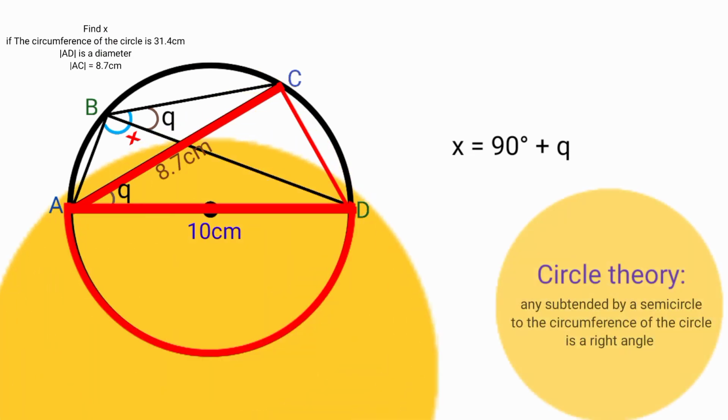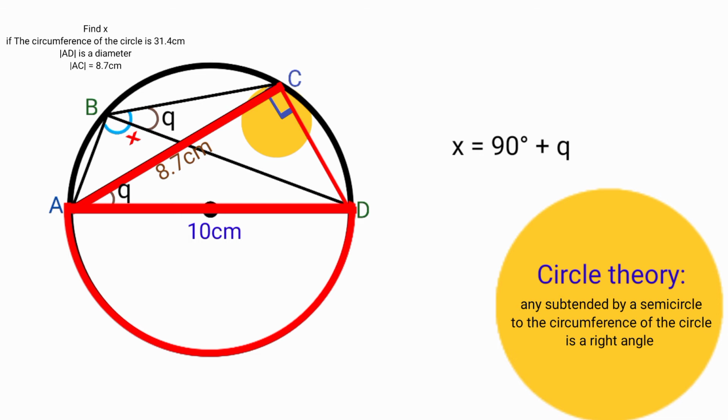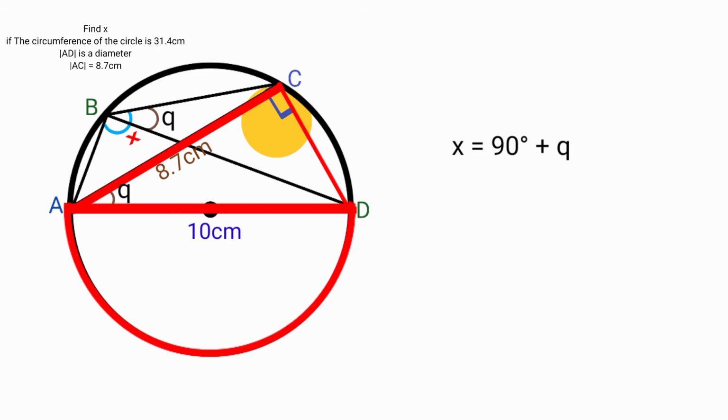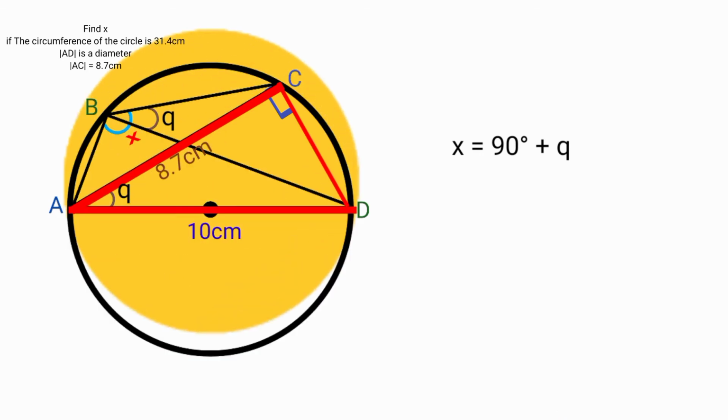And recall, any angle subtended by a semicircle to the circumference is a right angle, and hence this is also a right angle. That also means that this is a right-angled triangle. Since this is a right-angled triangle and we have the length of 2 of its sides, we can use that and find the size of this angle here, which is Q.